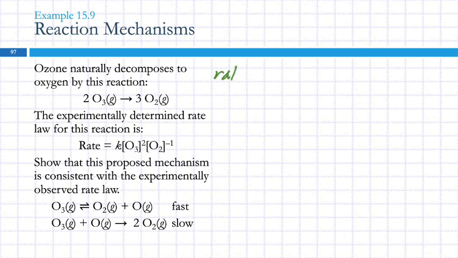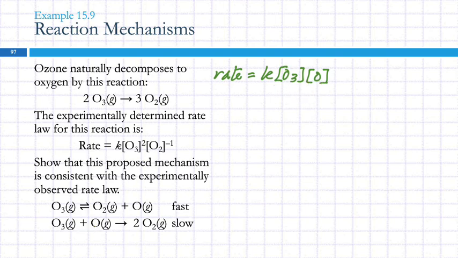So the rate is equal to a rate constant. And how do we finish this out? We've got the concentration of ozone, coefficient of 1, and the concentration of atomic oxygen, coefficient of 1.